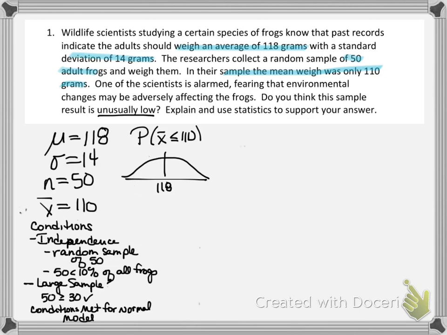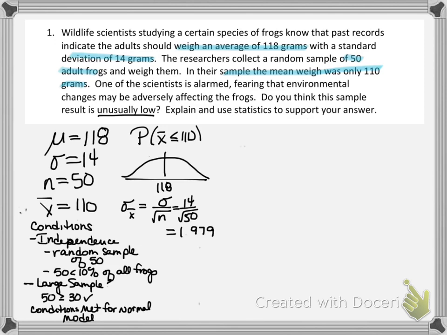Let's calculate the standard deviation of X bar. That is the standard deviation of the population divided by the square root of n. So that's 14 divided by the square root of 50, and that gives me a standard deviation of 1.979.